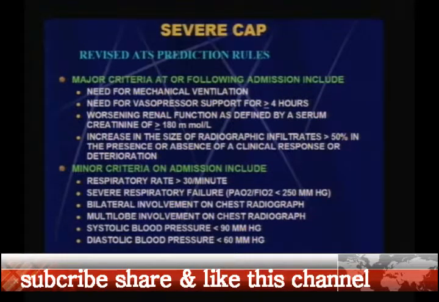As you can see here, this is the original unrevised ATS prediction rule, which has basically major criteria and minor criteria, which again include various factors in terms of clinical parameters, biochemical parameters, the need for mechanical ventilation, and need for vasopressors. On the basis of this, morbidity score or mortality score is calculated.